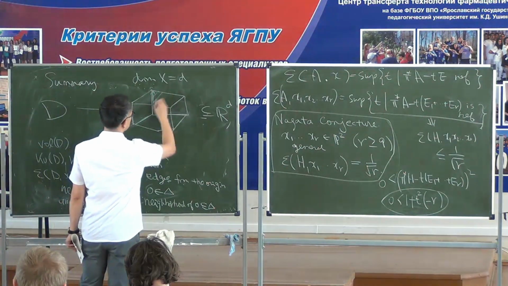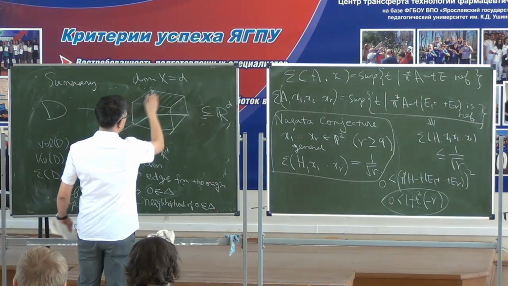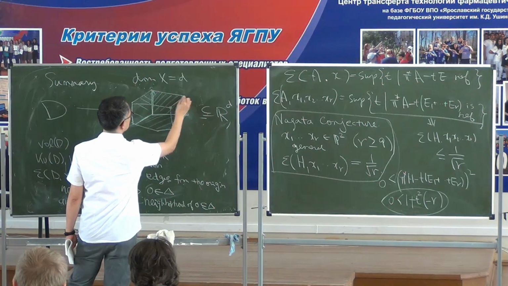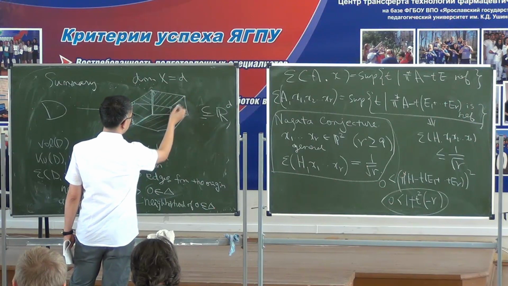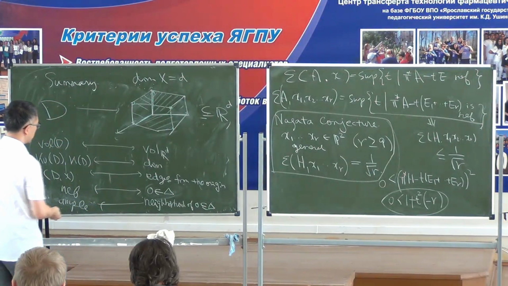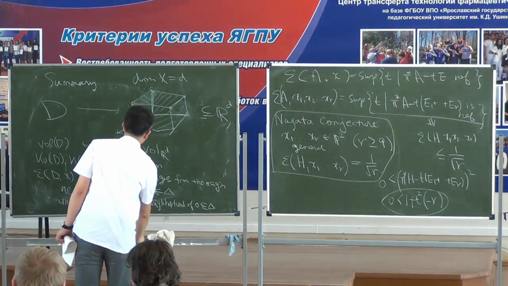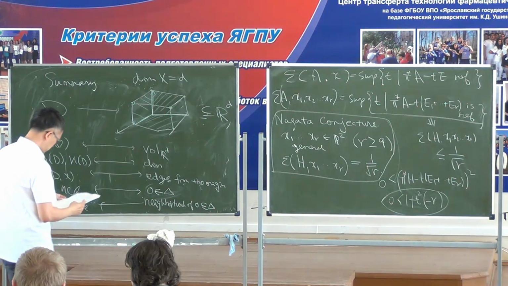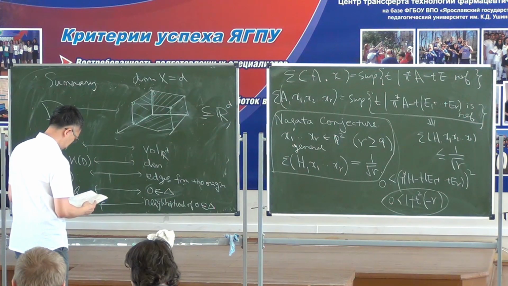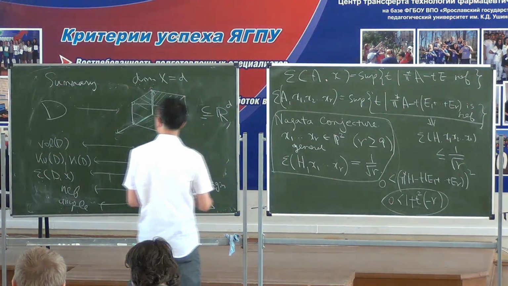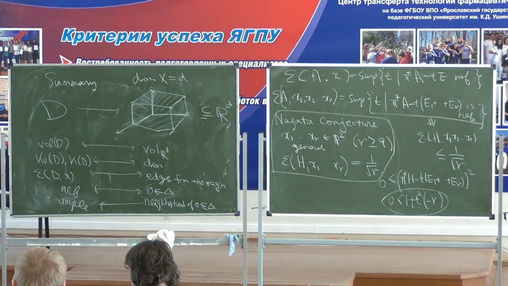So you may ask whether the sections on each slice mean something. Or you may ask whether the number of vertices means something. So you can ask various questions. And I don't know the answer to these questions for now. Okay, so I finish.